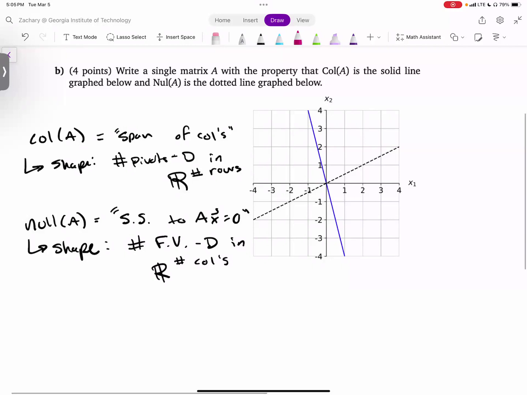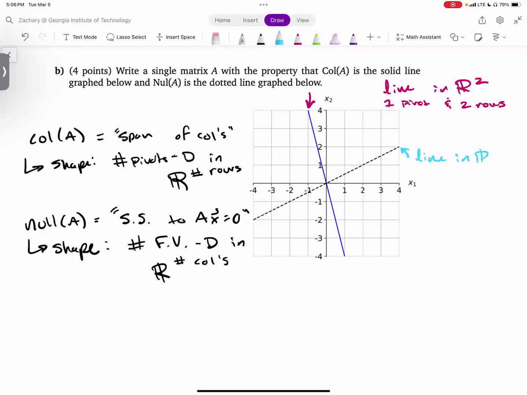Okay, cool. So in this particular case, we have a column space which is a line in R2, which tells me that I have 1 pivot and 2 rows. And then for my null space, which is also a line in R2, this tells me I have 1 free variable and 2 columns.